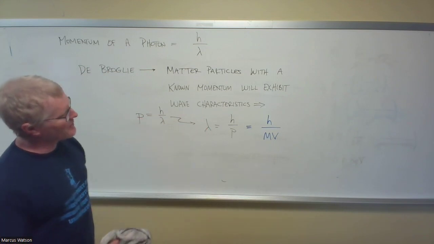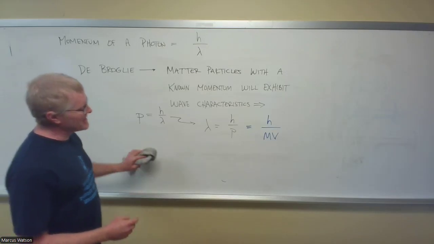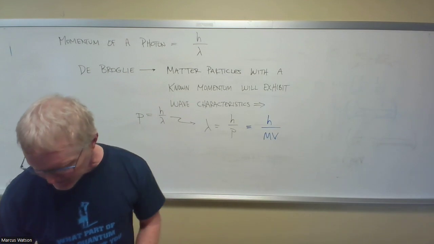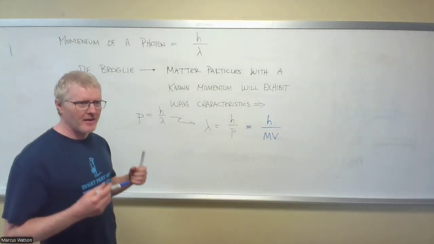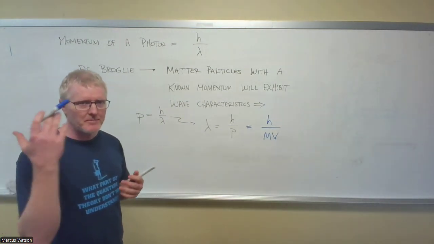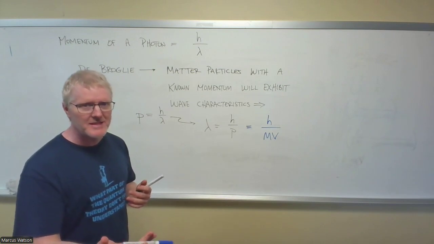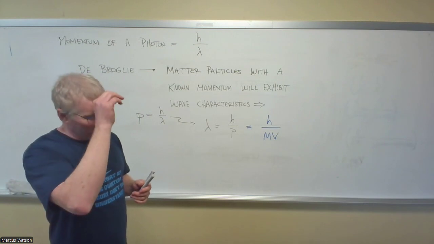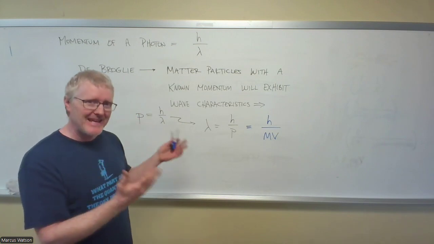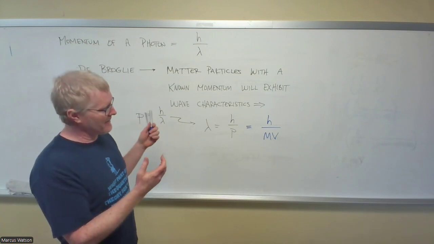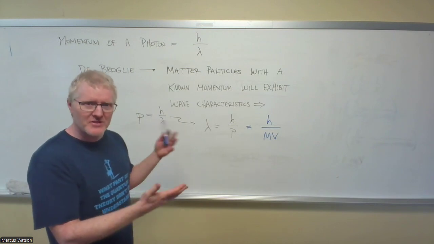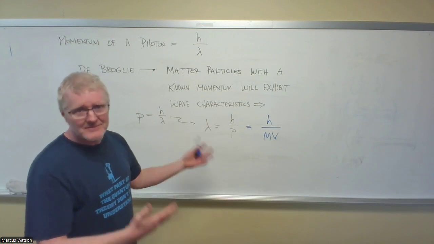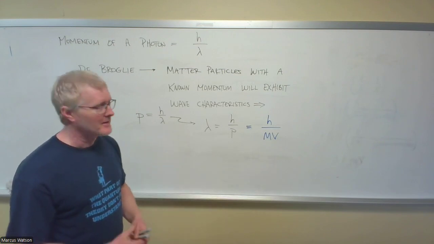Okay, so we've got this going: the idea of material particles exhibiting wave-like behavior. This is, once again, a jump into territory that seems to be ridiculous. Unfortunately, there is pretty good evidence to suggest that this actually describes what's going on.